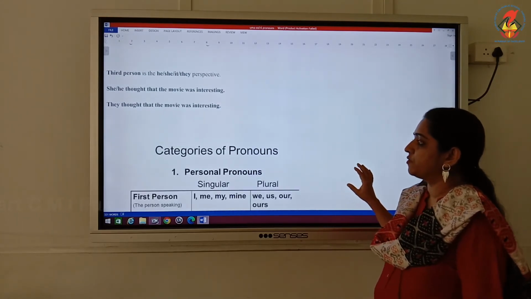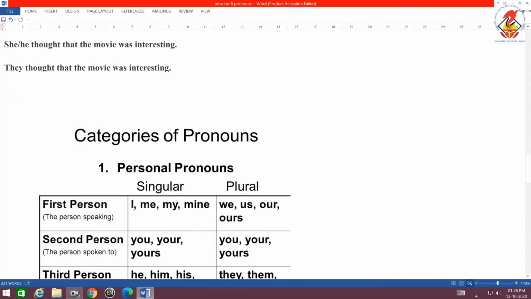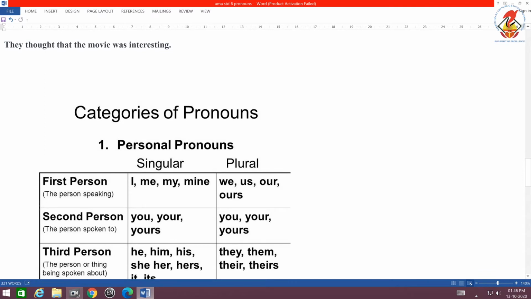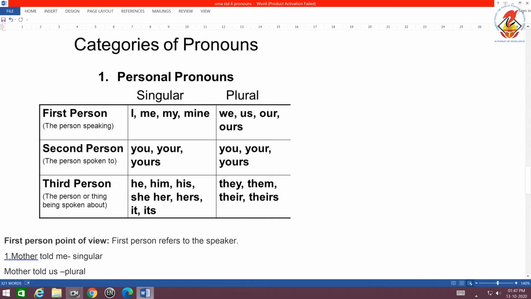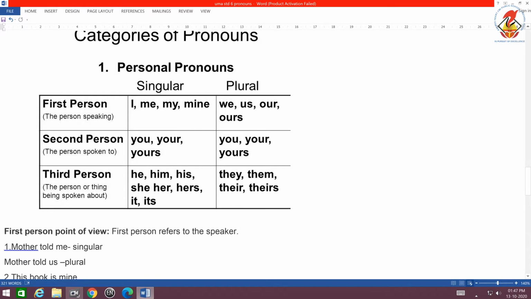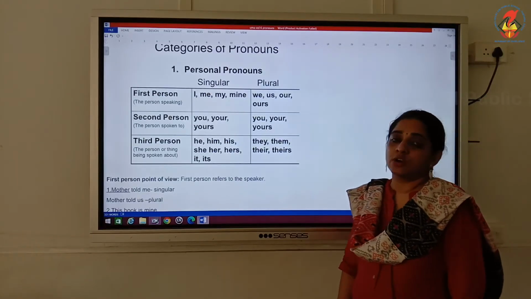Now, categories of pronouns. Personal pronoun, the same thing we are going to study in detail. Okay, just listen here. First person, we already studied first person, I. The other forms of first person, which are they? Me, my, mine. These are the other forms of first person. For example, she talked to me.